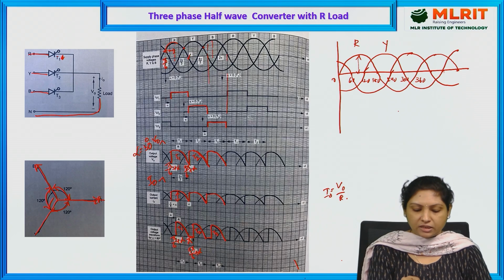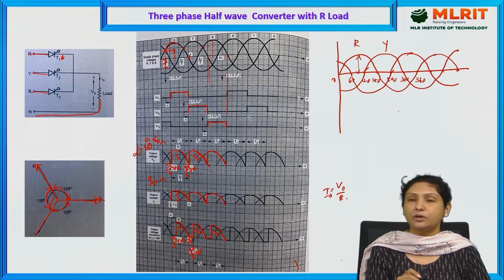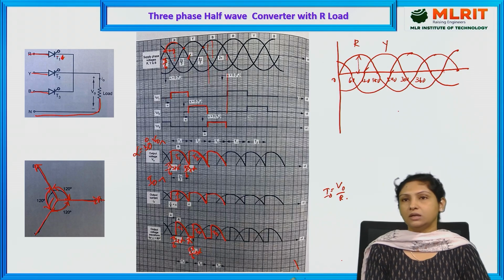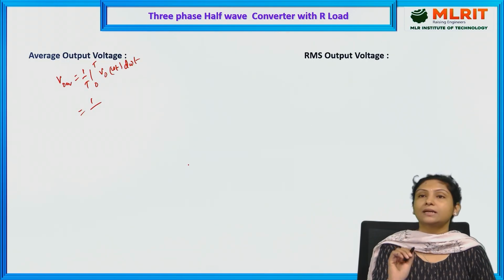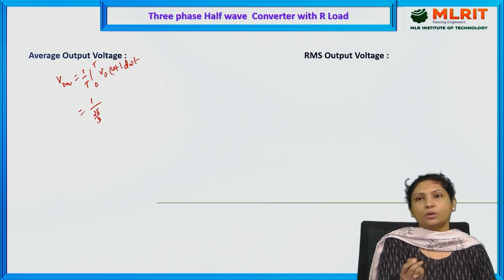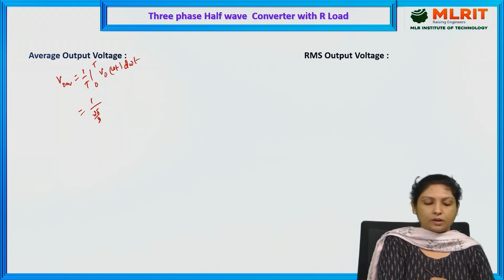Every similar cycle is repeating for 120 degrees. Each thyristor is conducting for a period of 120 degrees, that is, this is 60 and this is 60, 120 degrees. So that is the reason here time period will be taken as 2 pi by 3. For every 120 degrees, a similar cycle is repeating.